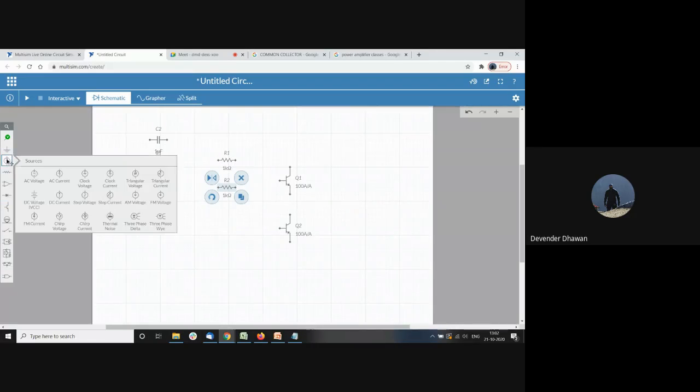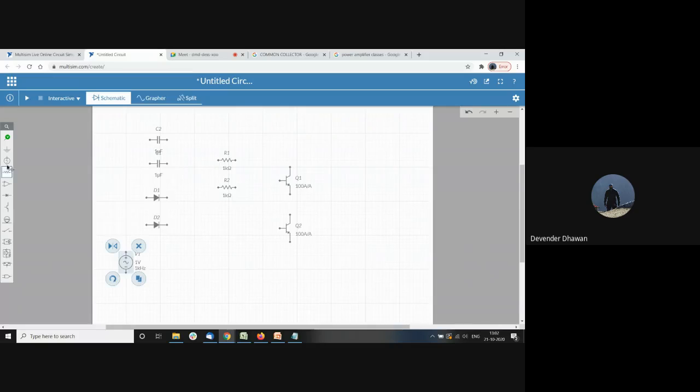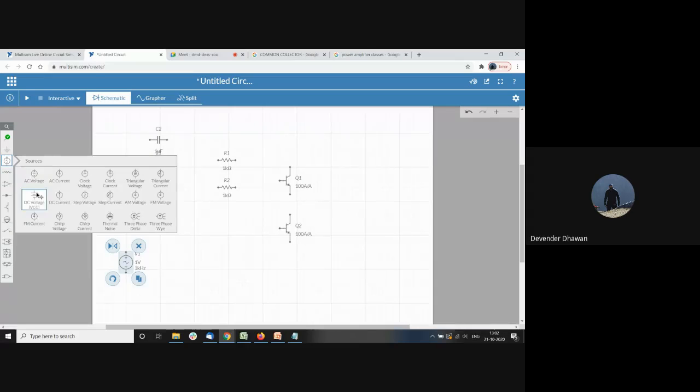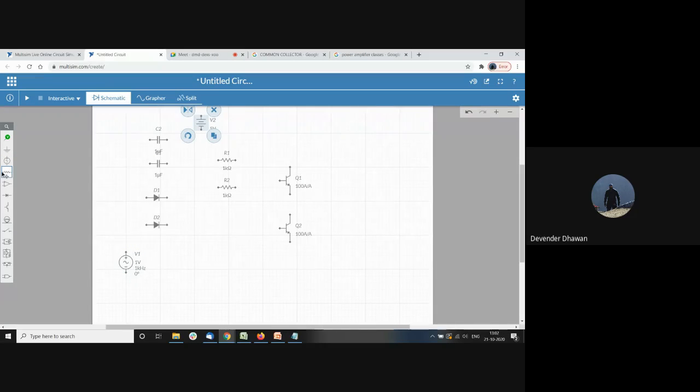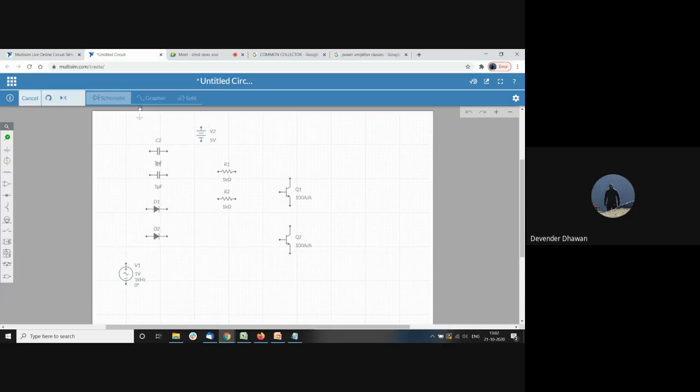That's it. Input voltage, and our resistance also.